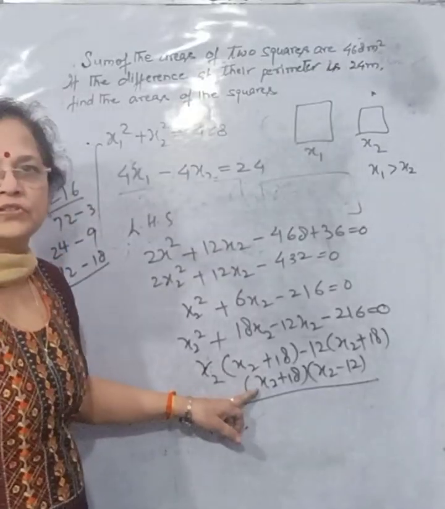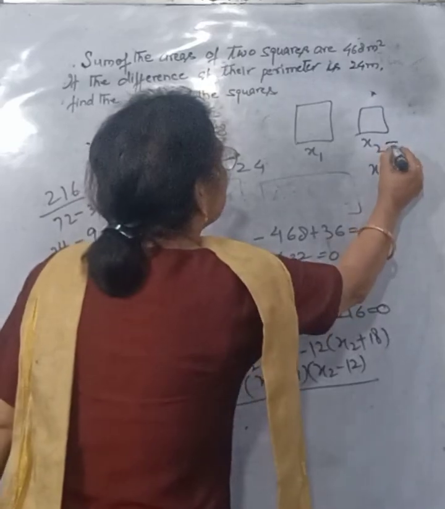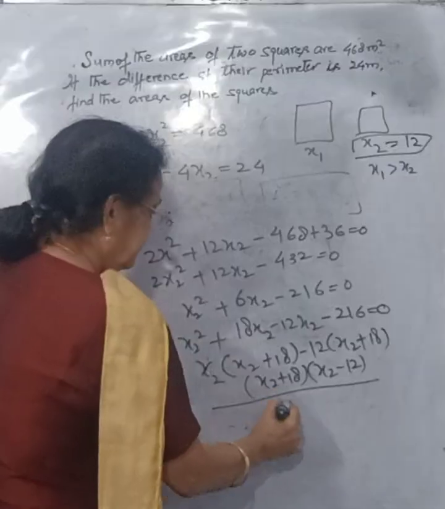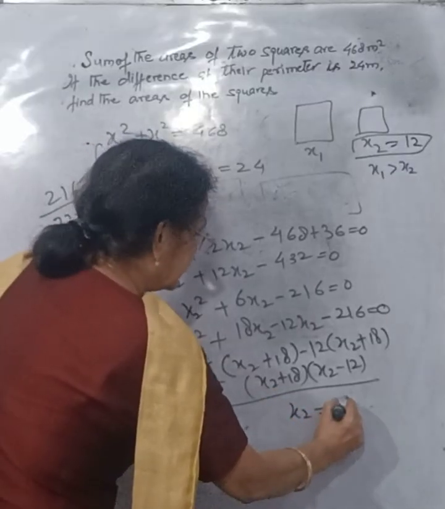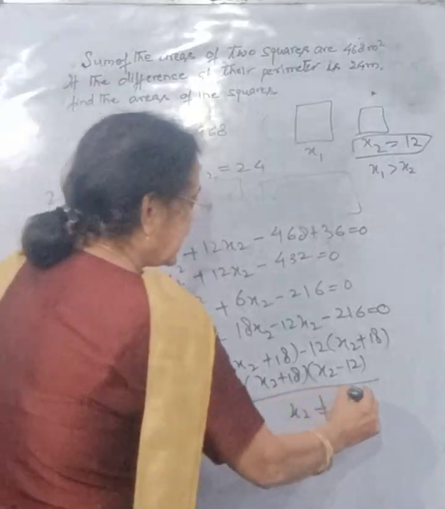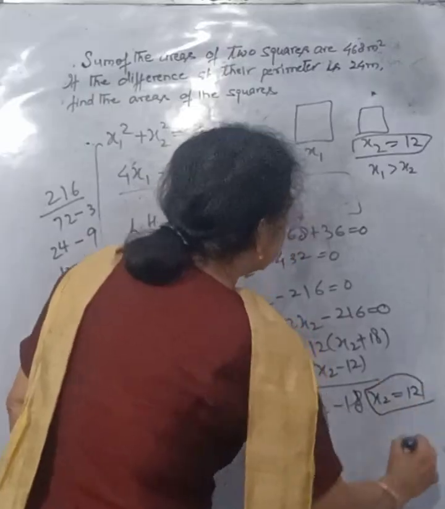Minus 18 is not possible, so it will be cancelled, and x2 is equal to 12, which is the side of the small square.